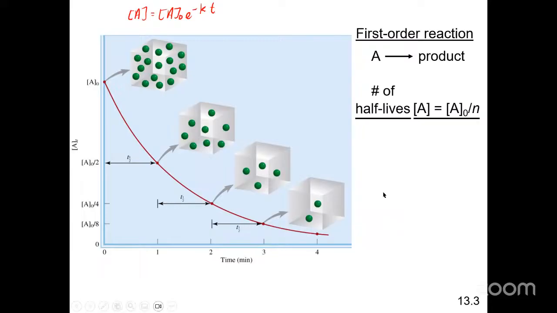So if you're talking about one half-life passing by, then the end value here, because this is the concentration of A, is equal to the initial concentration of A divided by 2. This end value here is going to be 2, which means that the concentration of A would be half of A0.